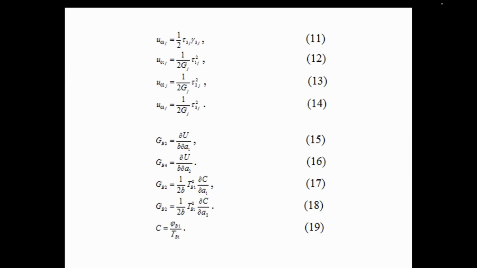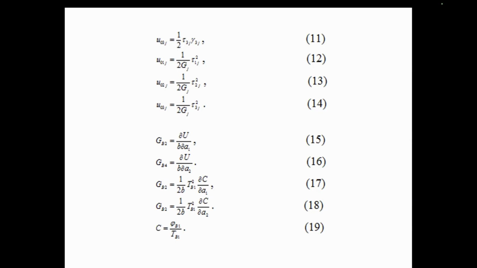In these equations, tau_ij and gamma_ij are the shear stress and strain induced by the support twisting. The specific strain energies are defined by shear stresses by using formulas from number 12 to number 14.